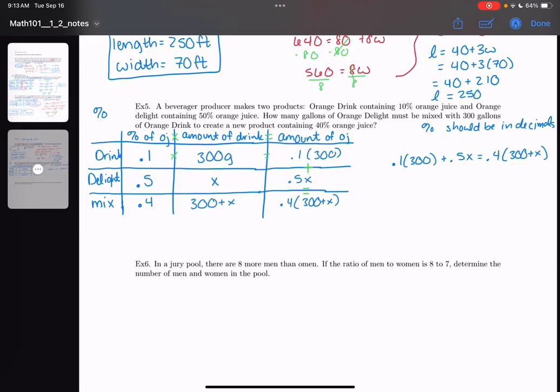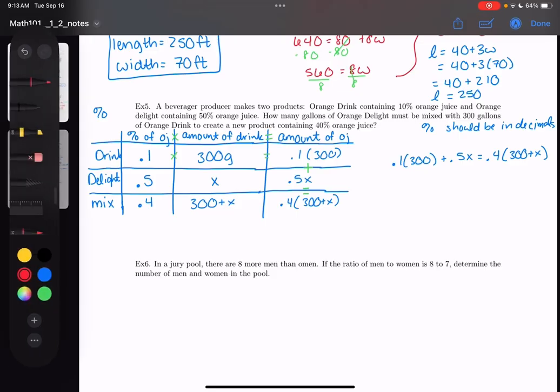Working with the decimals might be a little difficult, so be careful. If you multiply everything by 10, you can get rid of the decimals. This gives me 1 times 300 plus 5x equals 4 times 300 plus x.